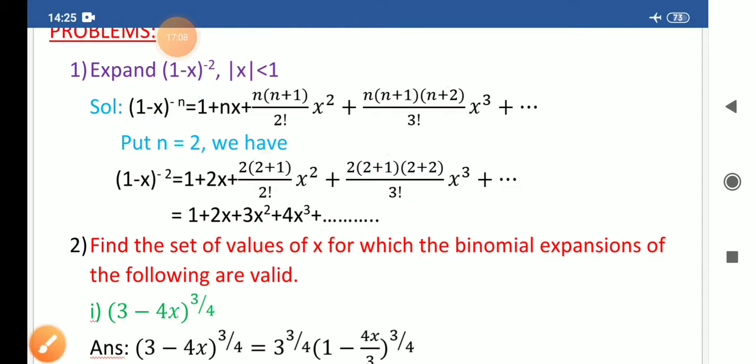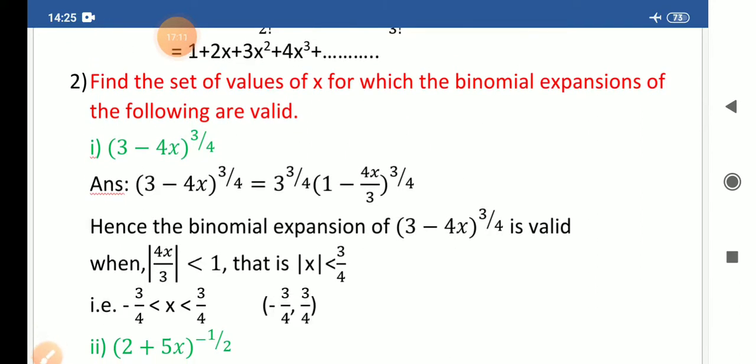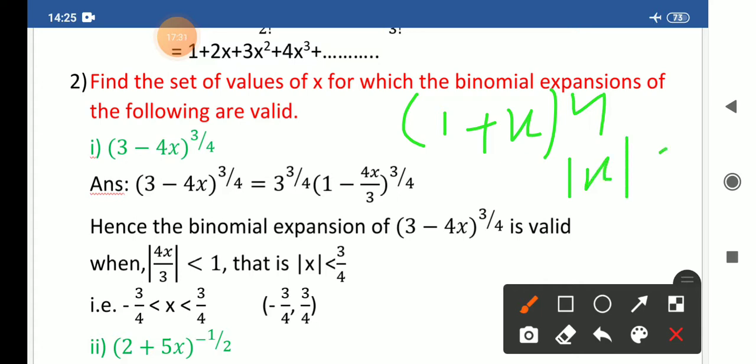Okay. Now find the set of values of x for which the binomial expansion of the following are valid. For validity of the binomial expansion, you know 1 plus x whole power n expansion is valid when modulus x less than 1 only. Now take that concept.